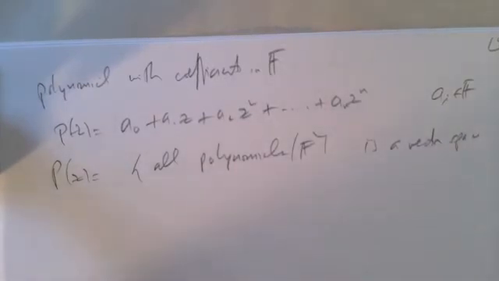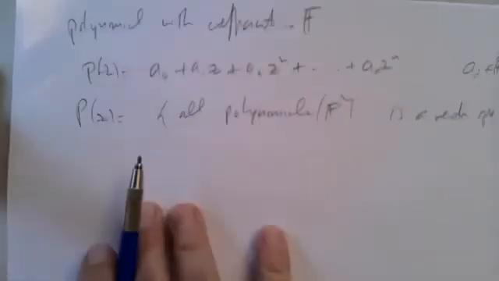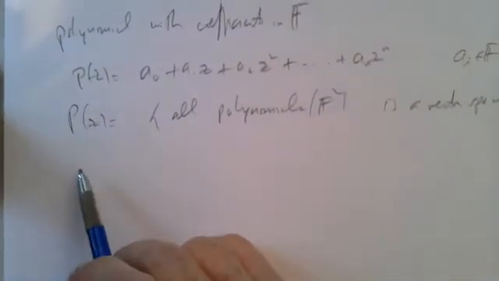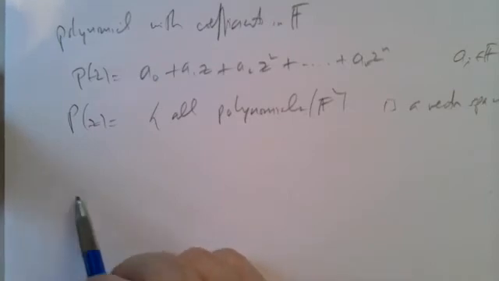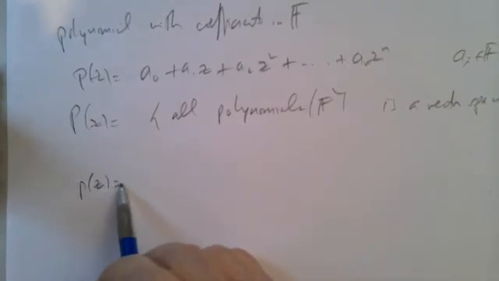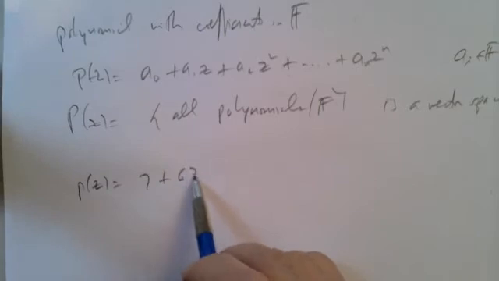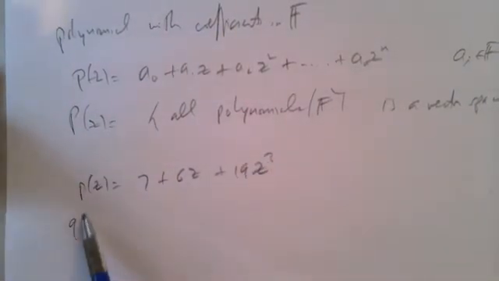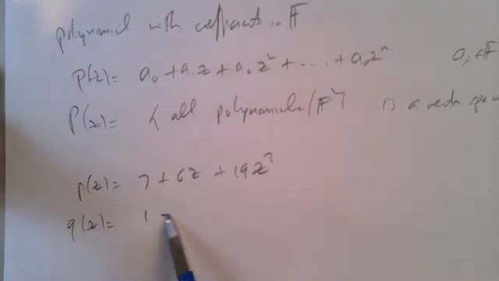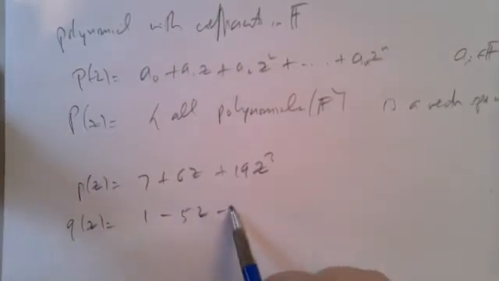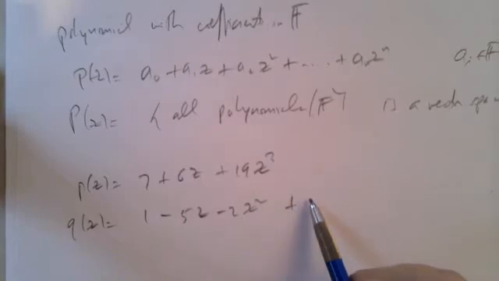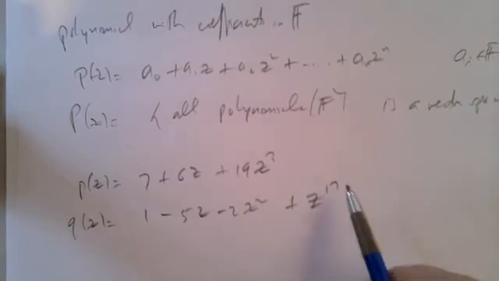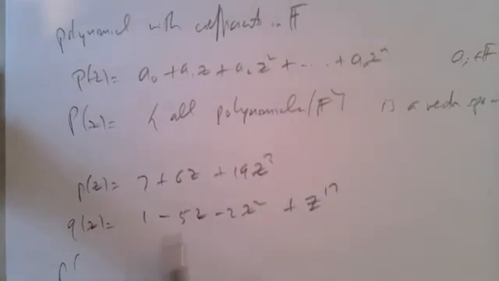So if we have two polynomials, let me write down some very simple examples. Suppose P of Z is 7 plus 6Z plus 19Z cubed, and Q of Z is 1 minus 5Z minus 2Z squared plus Z to the 17th power. So I can add them, right?